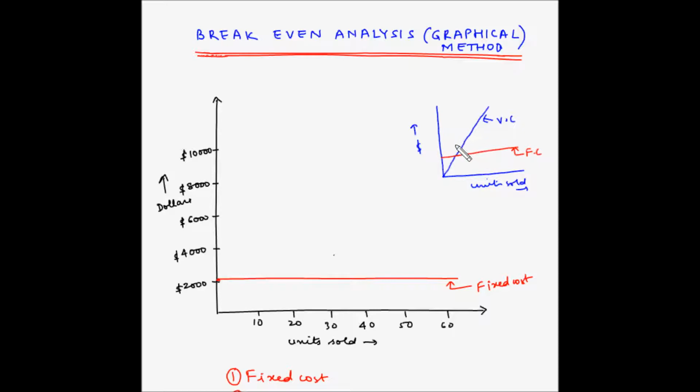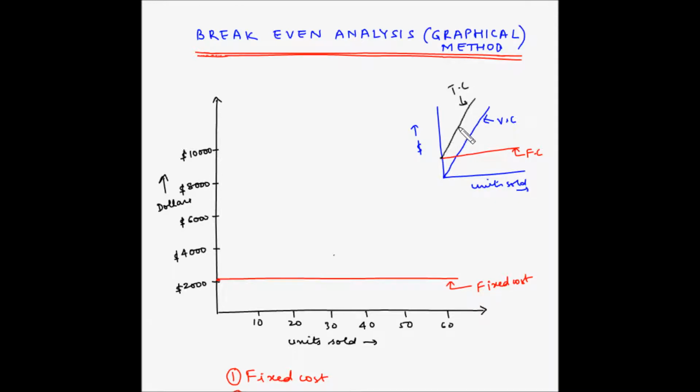So if we have to draw the line for total cost on this graph, basically at this point when the number of units sold is 0, the variable cost is also 0 while there is a certain amount of fixed cost. So the total cost will start from here and will go like this. So this line will represent the total cost.